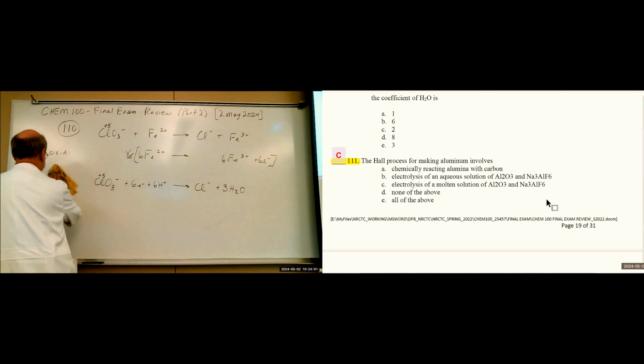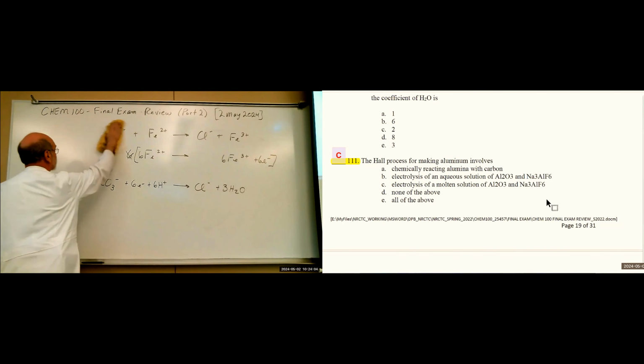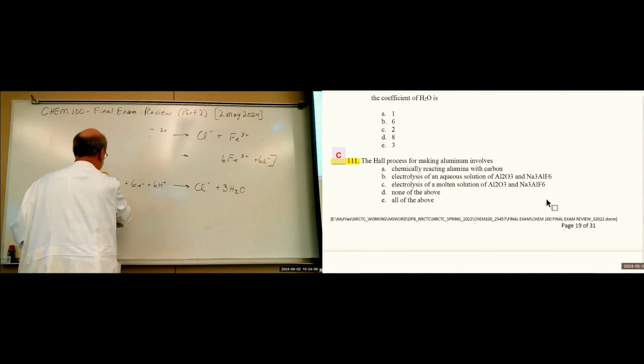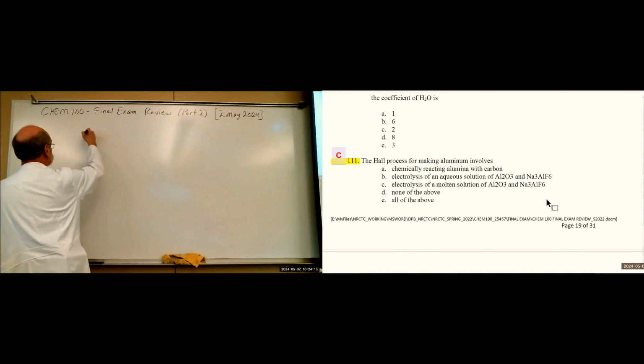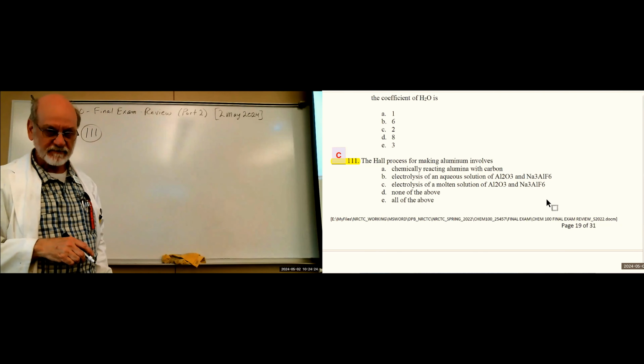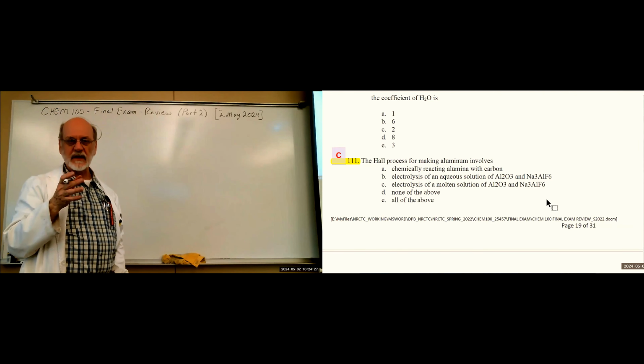All right, 111. The Hall process for making aluminum takes bauxite ore, which is aluminum oxide, ground finely.